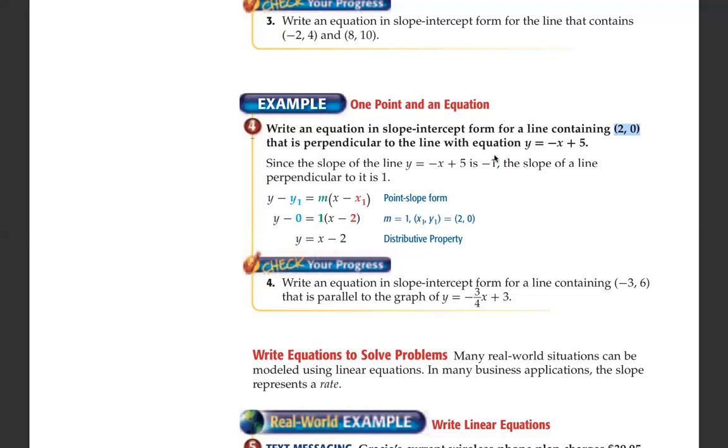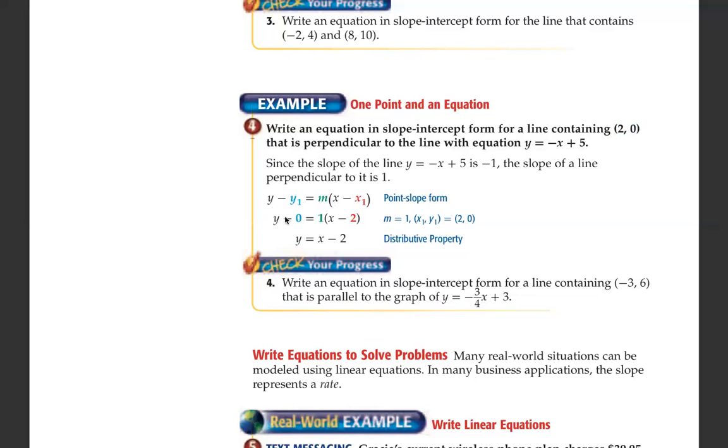Therefore we cannot use the slope-intercept form, because the point that is given does not represent a y-intercept. If it's given to be the y-intercept, where this is 0 and the number, then that would be easier. But since it's not, we'll be using the point-slope form, using this point 2, 0 as our x1 and y1.